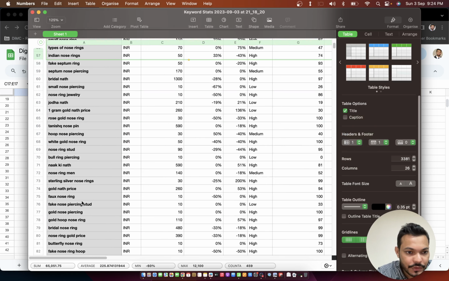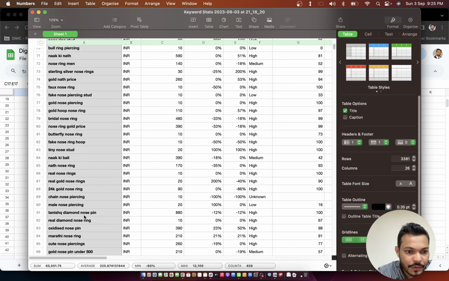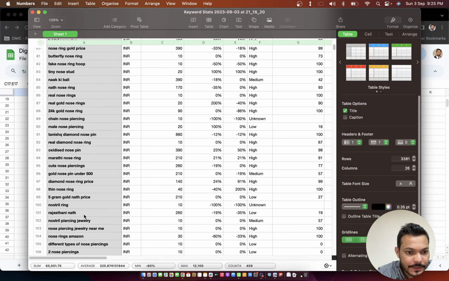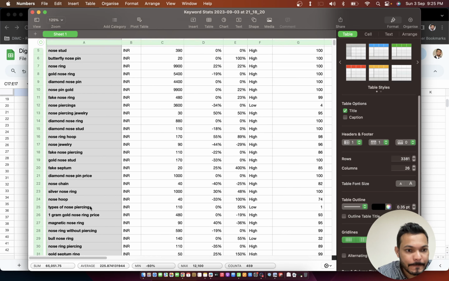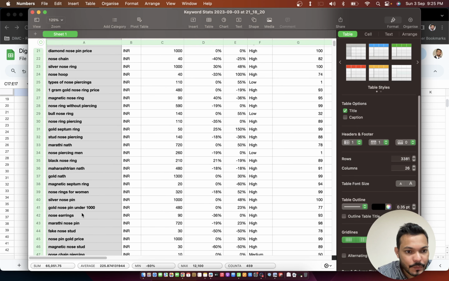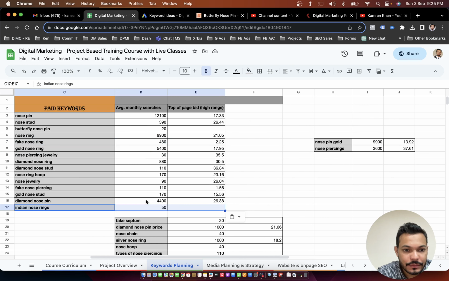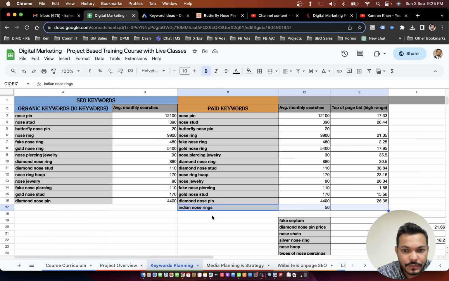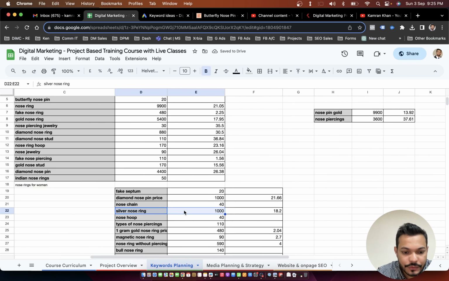Nose ring man, no, it's not needed. Gold nose price, fake nose ring hoop, nose ring. Now let's say nose ring for women. Okay, this is also good. Silver nose ring.